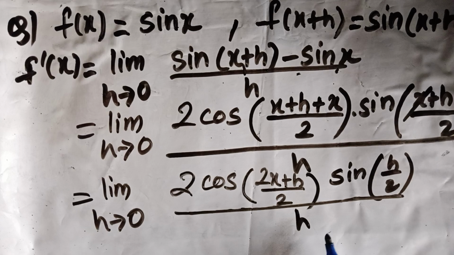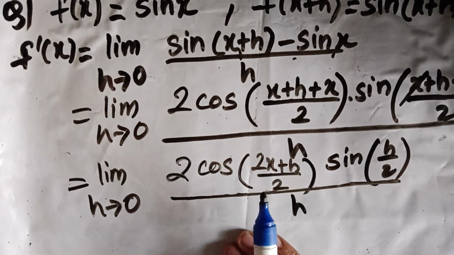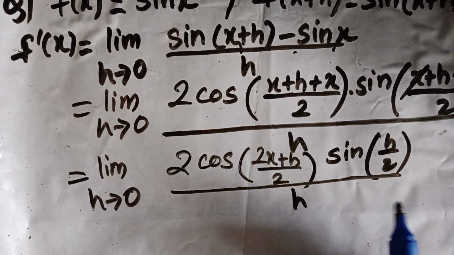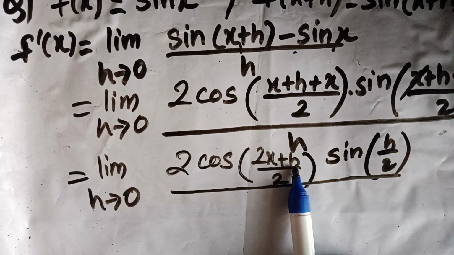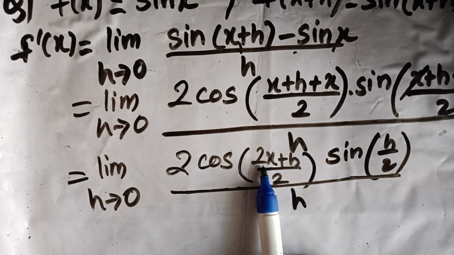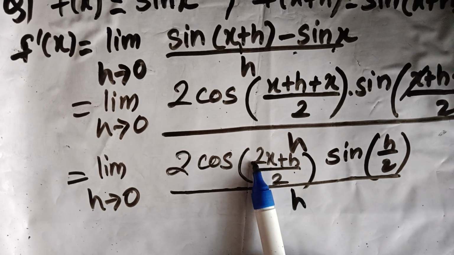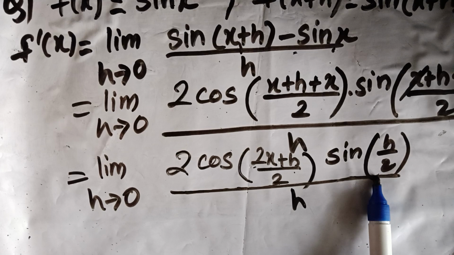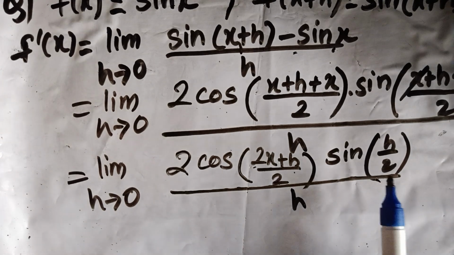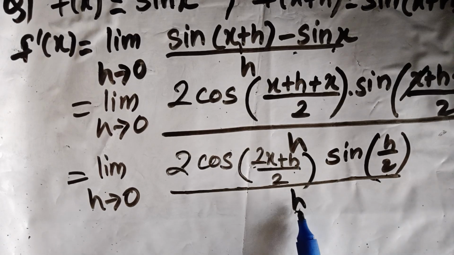Okay, so here we can do one thing, that is we have h tending to 0, right? So if I take here h tending to 0, this will become cos of x directly, because h is 0, so 2 and 2 will get cancelled. Here we have to use the trigonometric limit sin of x upon x. So we have to make this as h by 2.